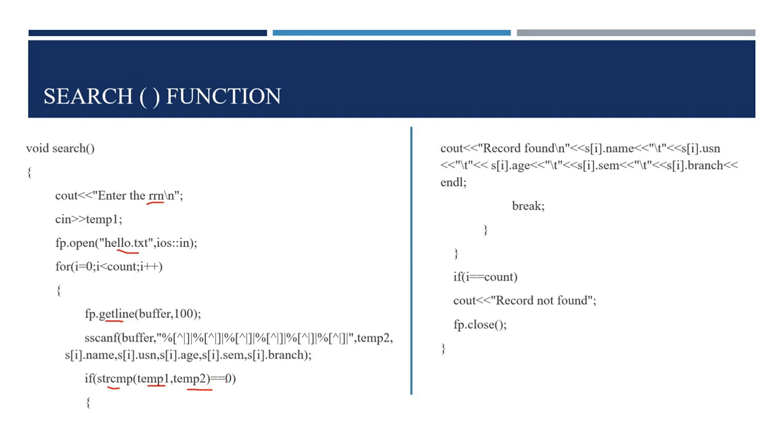If both the string comparisons result in 0, then we can say the element is available, meaning the specified RRN value's respective element will be available and that record will be displayed, that is s of i.name, USN, s of i.age, s of i.semester, s of i.branch. If this condition fails, we say no record found and close the file.